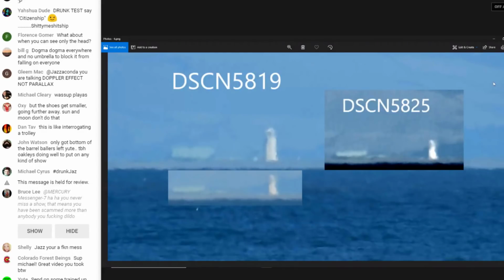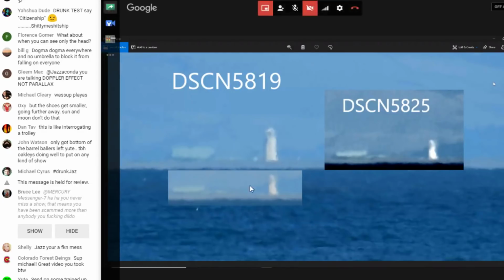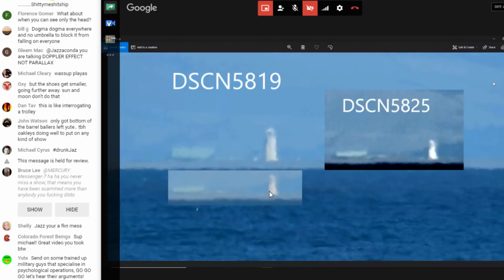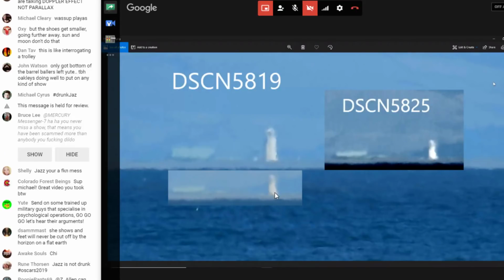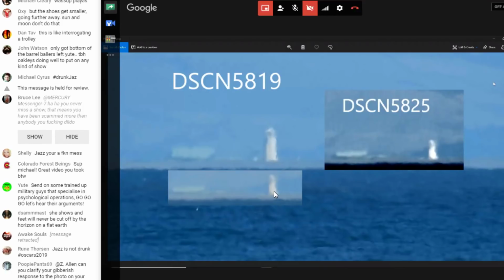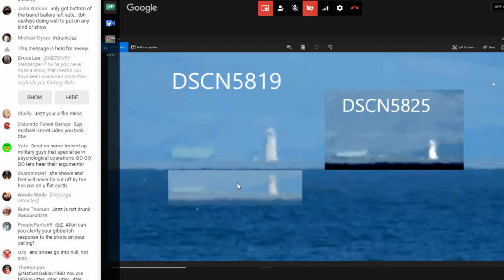With this bottom one, which I'm going to circle for the audience, which is obviously more squashed than this one due to a viewing angle reduction, if you backed away from this one, the same would happen as with the shoe example. It would get more and more squashed until eventually it was just a couple of pixels, and then you back away a bit further and it would be no pixels. But the mountain that's behind it would still be there.